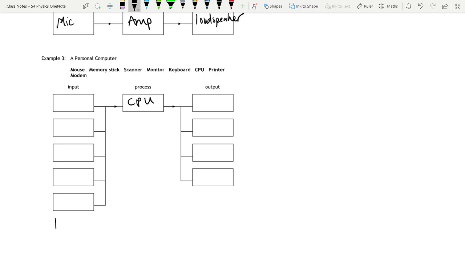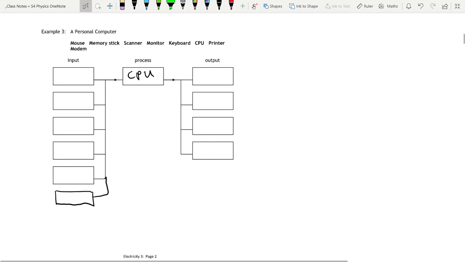I will actually add in another box here because there's another input that didn't really exist when this booklet was written. So pause the video just now and have a go at thinking about what is input, what do I use to put input signals in, and what do I see coming out of it. So pause the video and then I'll go through the answers.